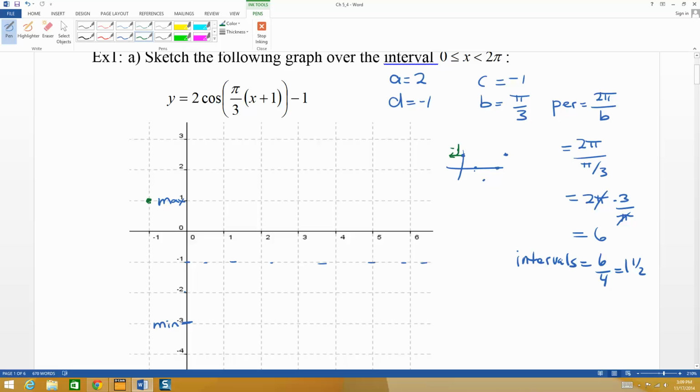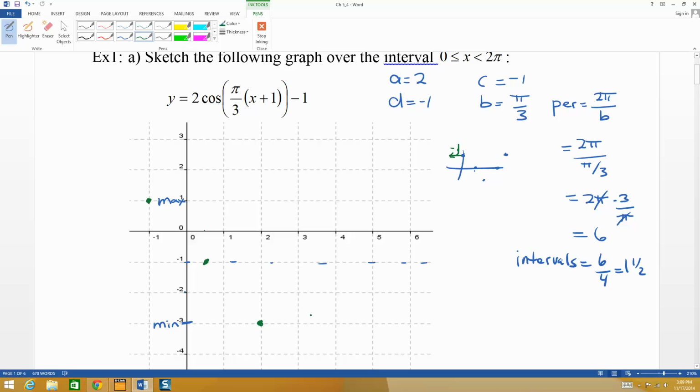And now I'm going to jump forward an interval of 1.5. So here's a jump of 1 and then a half, and that will take me over here to the central point. I'm doing those jumps. Another interval of 1.5 will take me to 2, and then I'll be at the minimum.